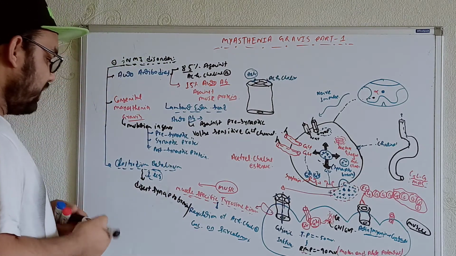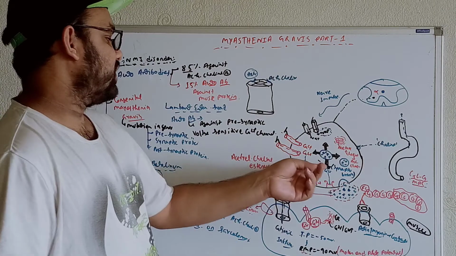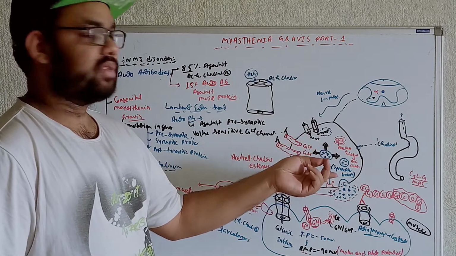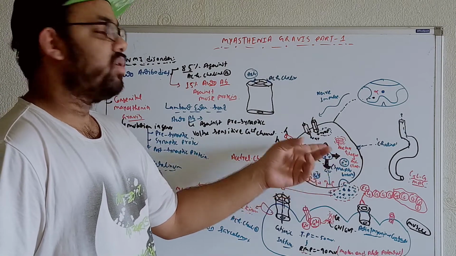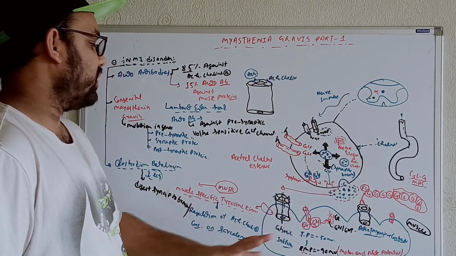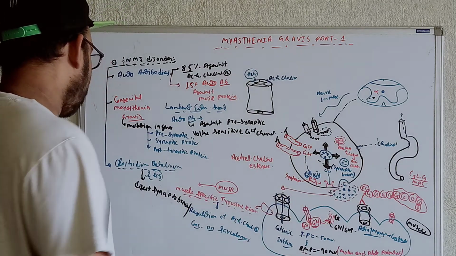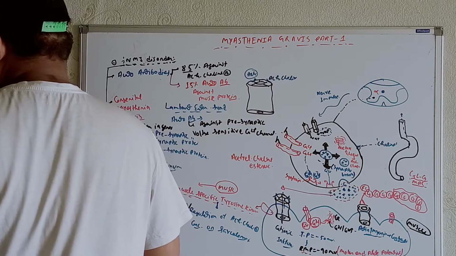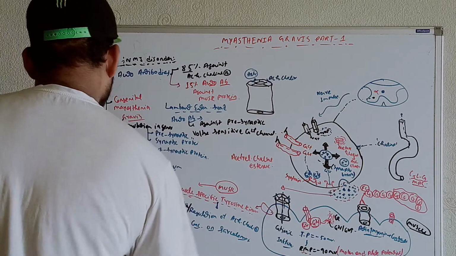Whenever it digests synaptobrevin, this protein will be dysfunctional. The vesicles will not be able to fuse with the membrane, so ultimately all these processes will be disturbed. Another kind of toxin we can write here is known as curare.